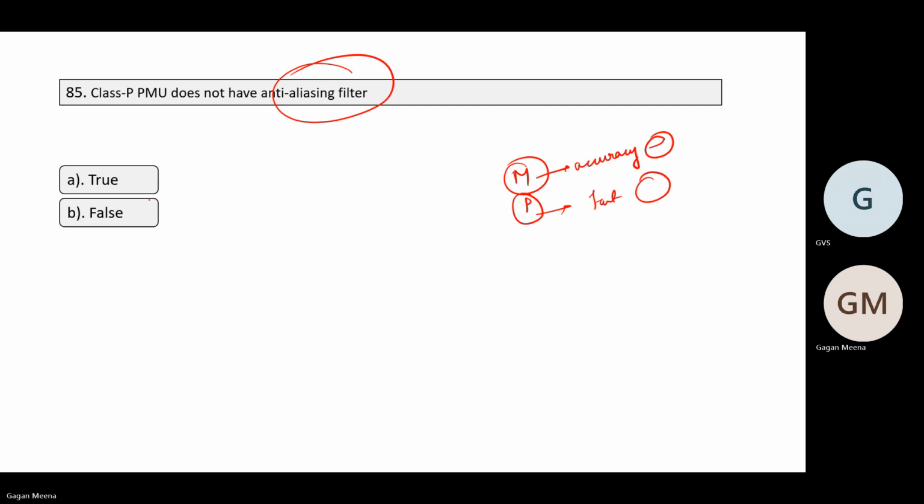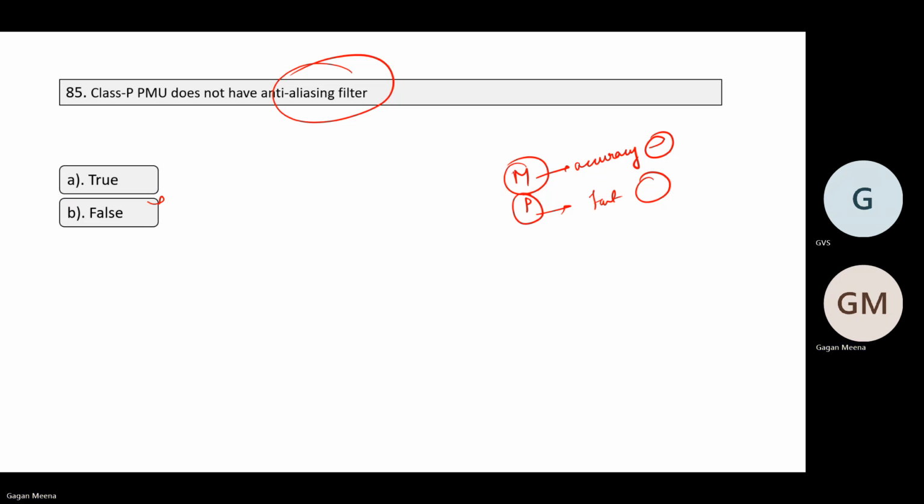So this one is true, right? Because we want fast, we can avoid this filter. This will not result in much error.